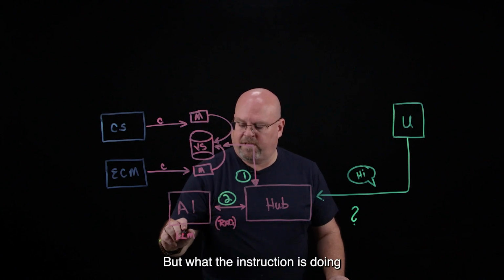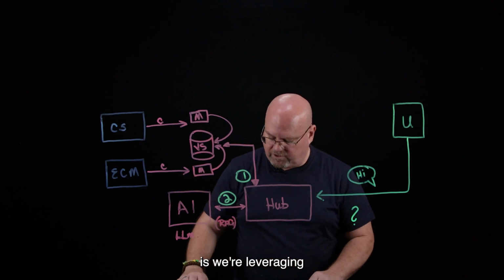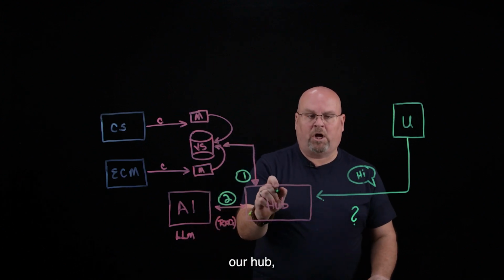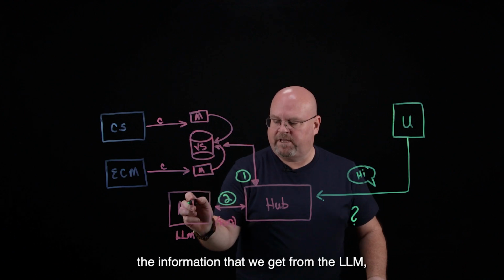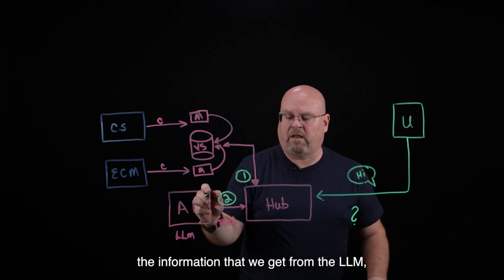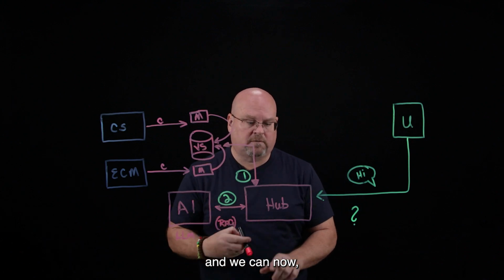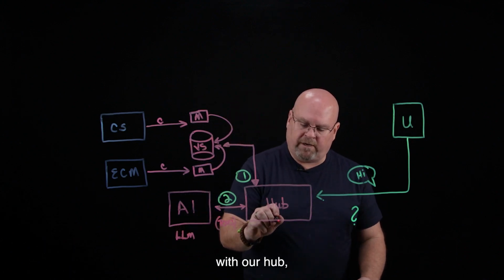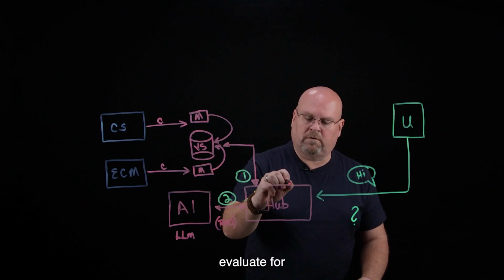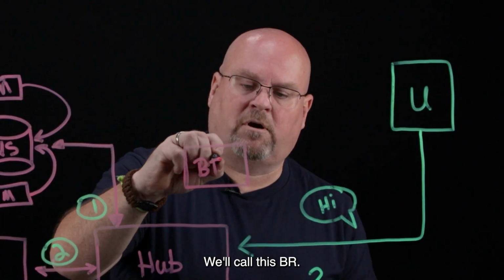But what the instruction is doing is we're leveraging our hub, and we're taking the information that we get from the LLM, and we can now, with our hub, evaluate for business rules. We'll call this BR.